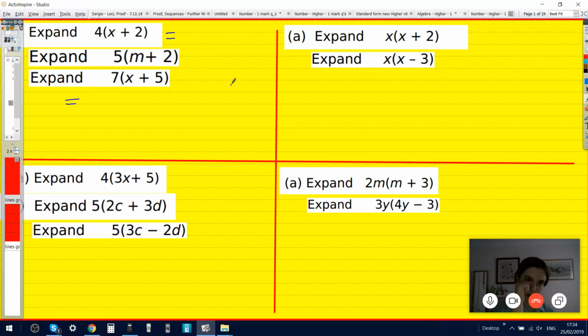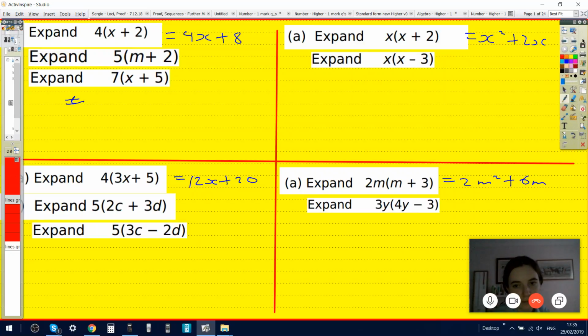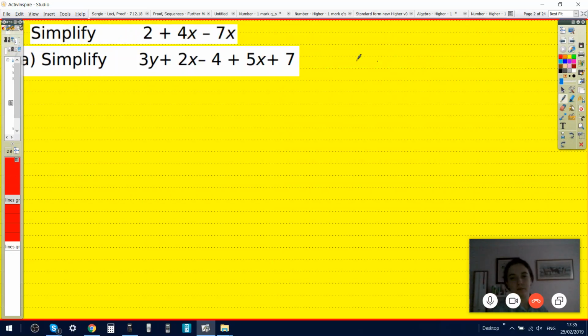Do it properly. 4x plus 8. This one. 12x plus 20. This one. X squared plus 2x. This one. 2m squared plus 6m. Yeah. Well done.